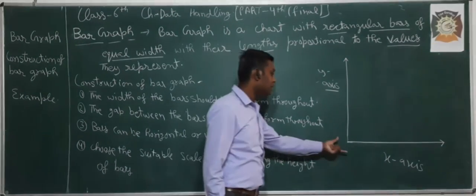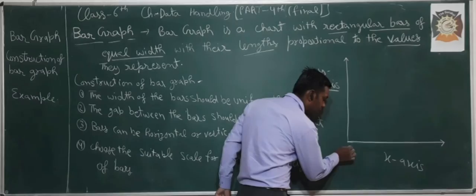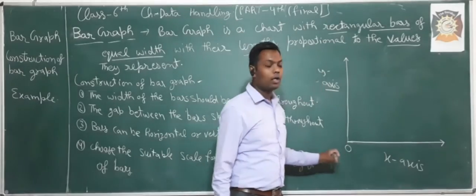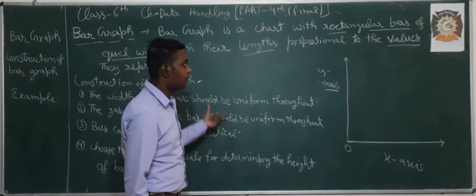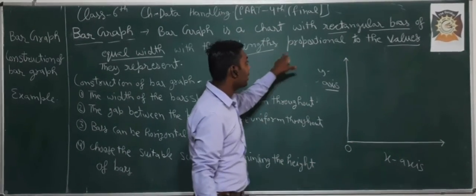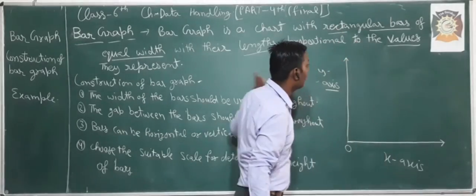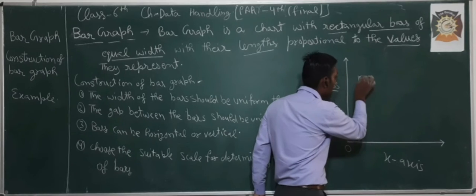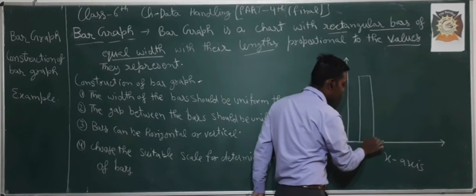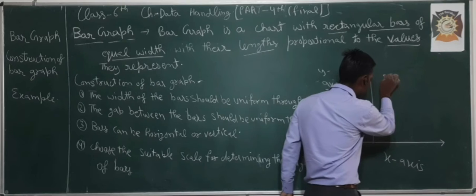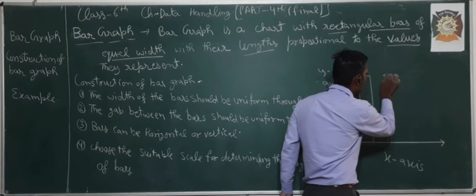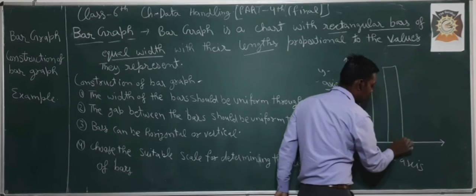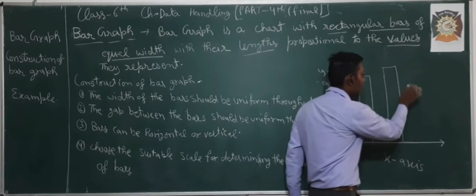The point of intersection of both the lines is called the origin, and we denote it by the letter O. Now we discuss how we construct the bar. First of all, a rectangular bar of equal width. We have to draw bars like this. Make it slightly larger or higher, and next we draw another bar.